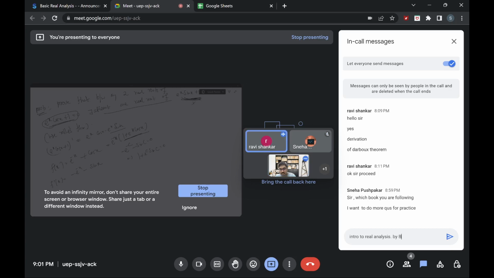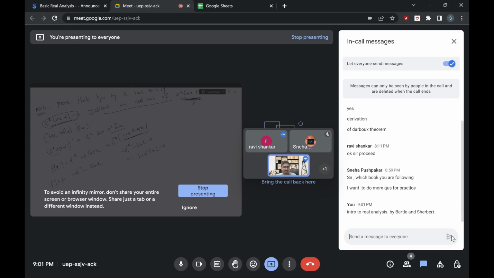Sir, for real analysis, I do see that Bapat is there, na? It's also a good book, but Bartley and Sherbert is actually the most reputed. Please write that name. Just look at the chat. Bartley and Sherbert.